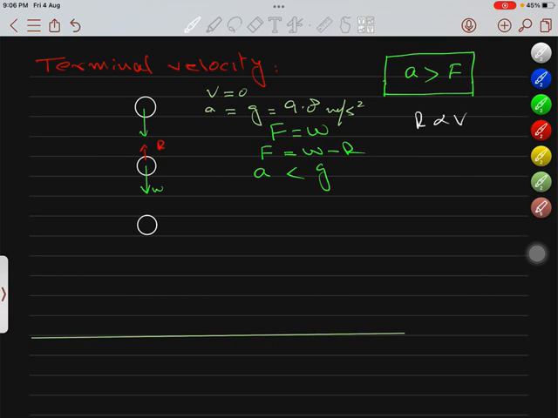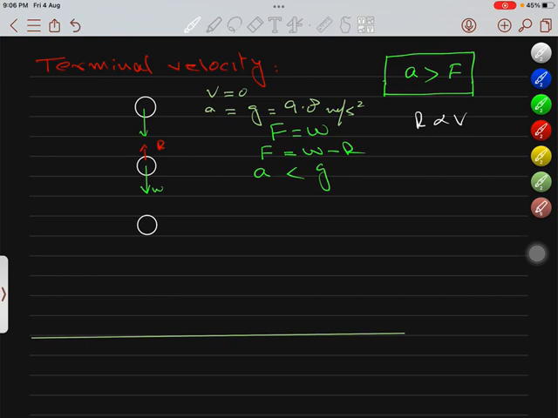More speed, more resistance. Less speed, less resistance. Zero speed, zero resistance. Now, since the ball is continuously gaining speed, along with the speed, the air resistance is also continuously increasing. So don't you think there will be a point where the air resistance increases so much that it becomes equal to the weight of the object? Remember that resistance is also a force, as well as the weight.